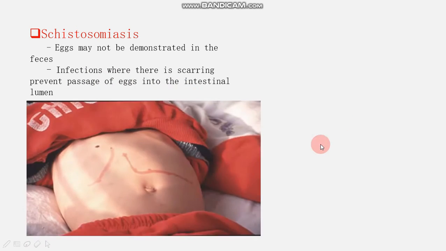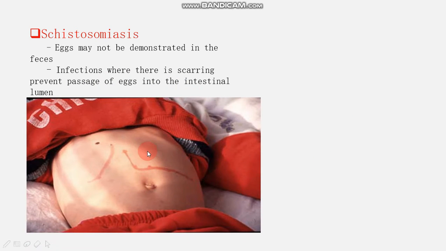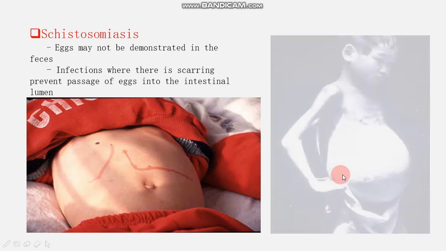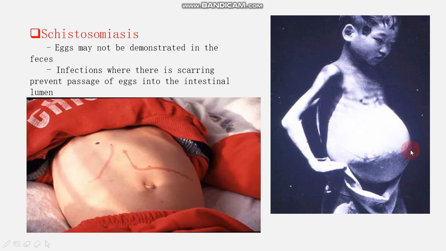I will project a picture. As you can see, there is scarring that prevents passage of eggs into the intestinal lumen. Here, the infected human is also bloated.